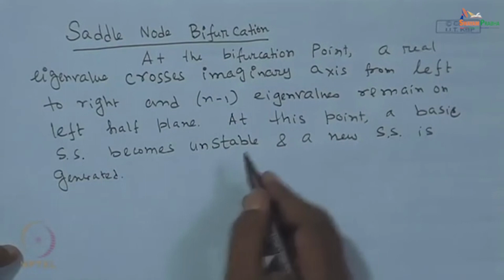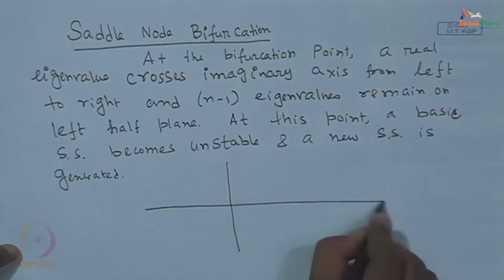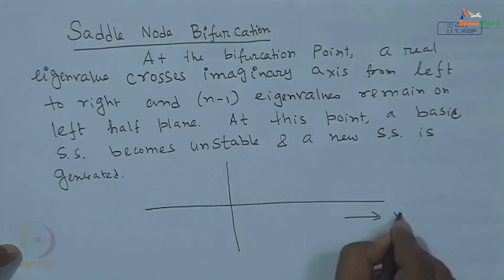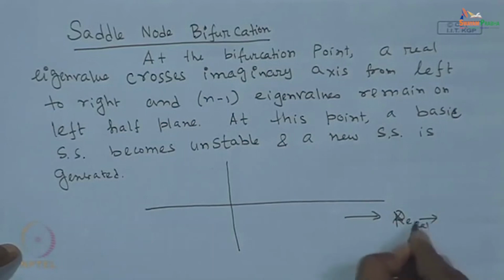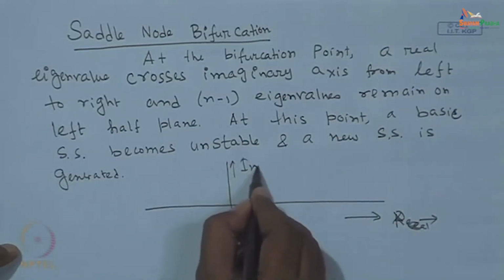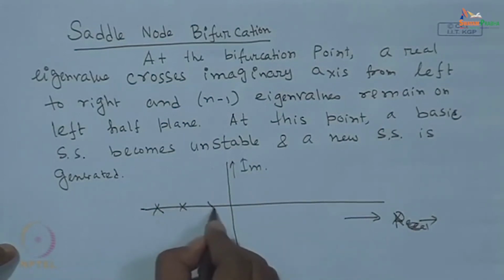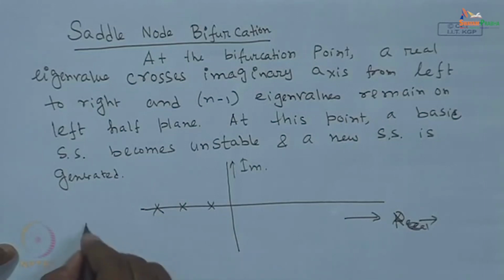So, the situation is something like this. You have the real axis, and this is the imaginary axis, and you will have, let us say, n number of real valued steady states.